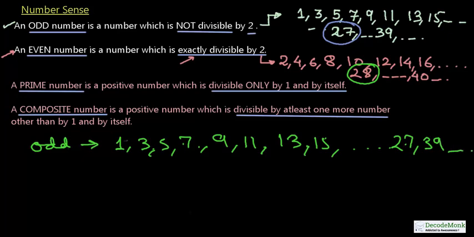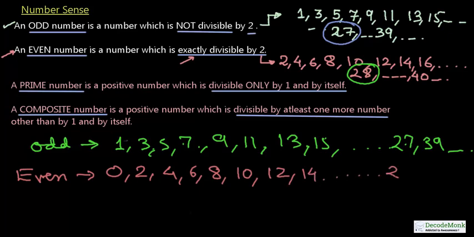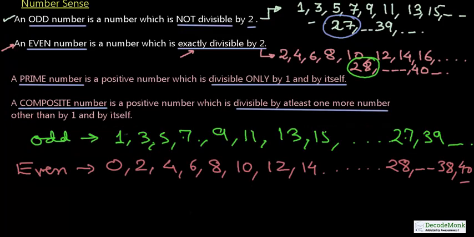Whereas for even numbers we have 0, 2, 4, 6, 8, 10, 12, 14, 28, 38, 40, etc. So looking into this pattern, we can clearly judge that the number where the unit place digit is either 1, 3, 5, 7 or 9, these are odd numbers.